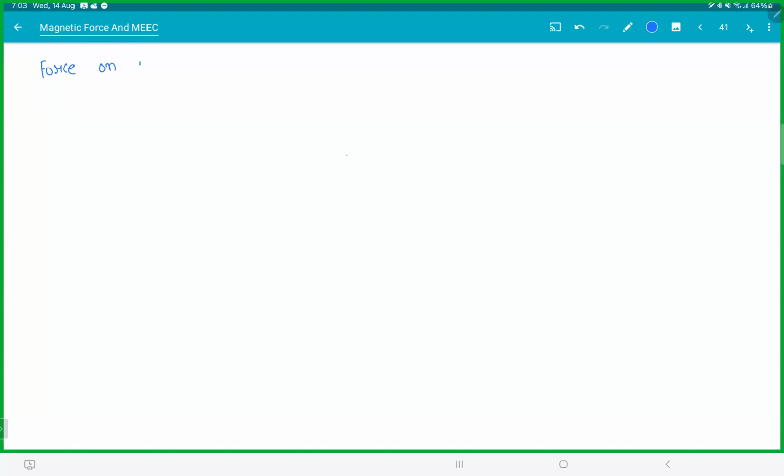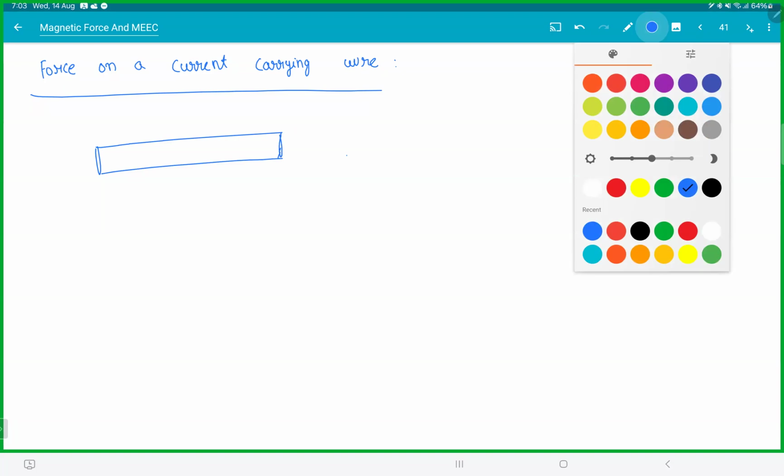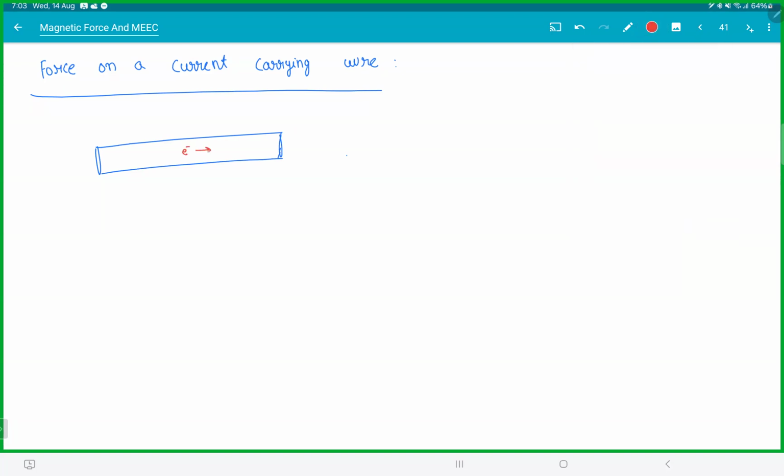Force on a current carrying wire. So if you take a current carrying wire and electrons are going with the speed of v drift.